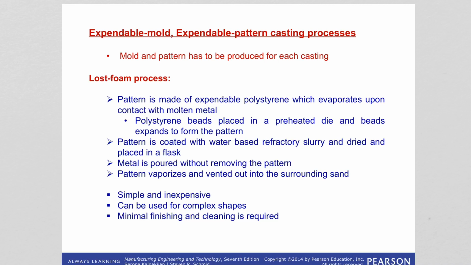Therefore, it affects the cooling characteristics of the metal. So the metal cools faster than it would if it was poured directly into an empty cavity. Therefore it will cause the microstructure to be different from what we observe with regular casting techniques.